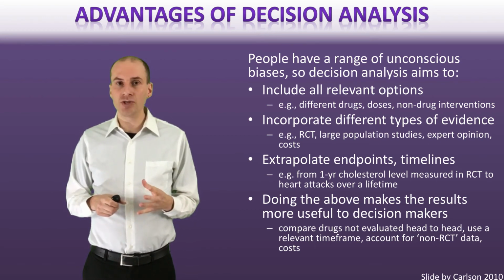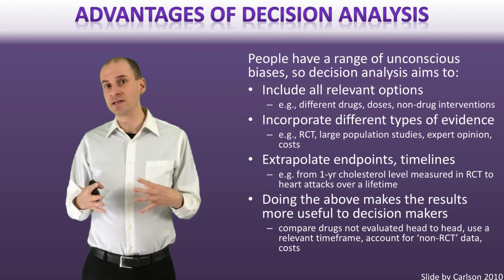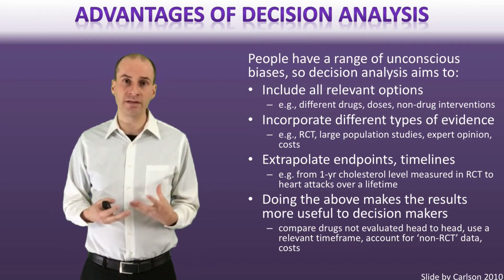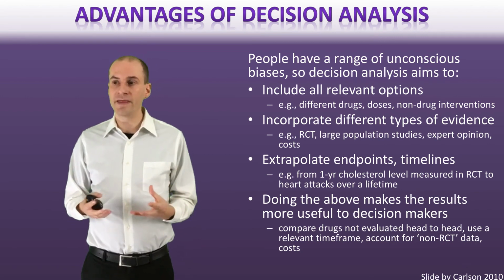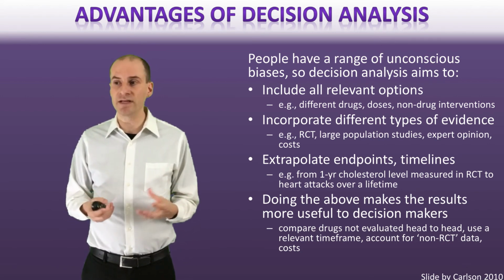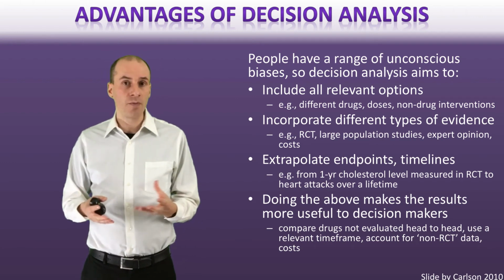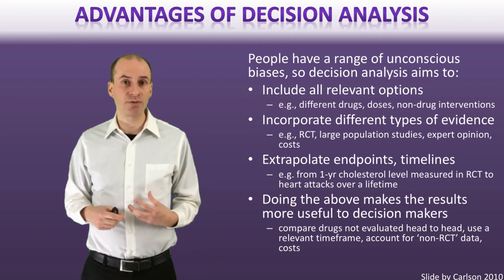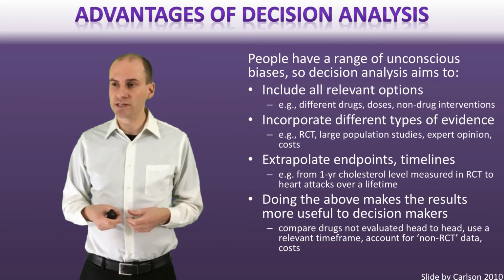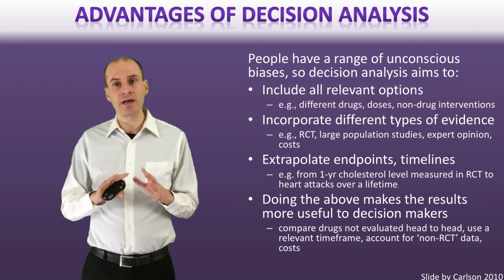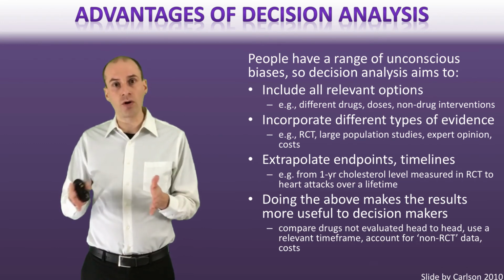We also want, when we do this analysis, to pull in as much information as possible about a health-related condition. That gives us lots of different evidence to think about, from randomized controlled trials to population studies. We can even sometimes integrate expert opinion if we don't have better sources, right? We can also think about timelines. Strategically, how does this occur over a period of time?